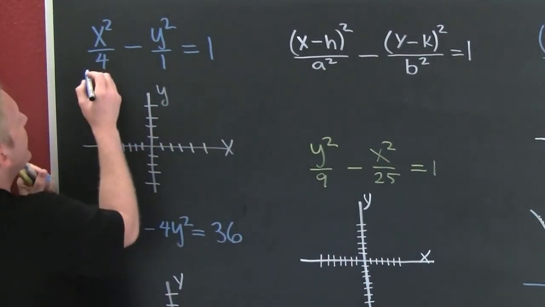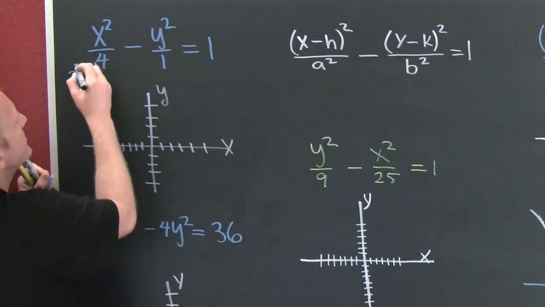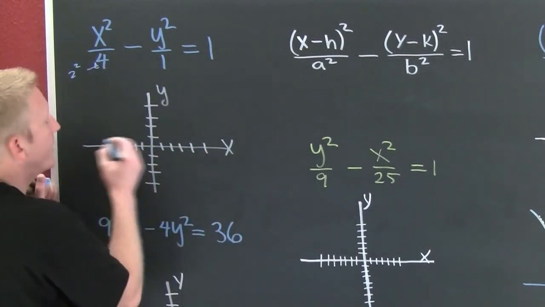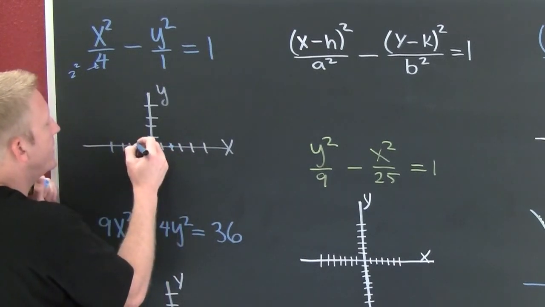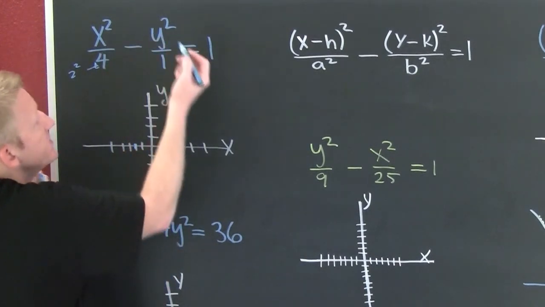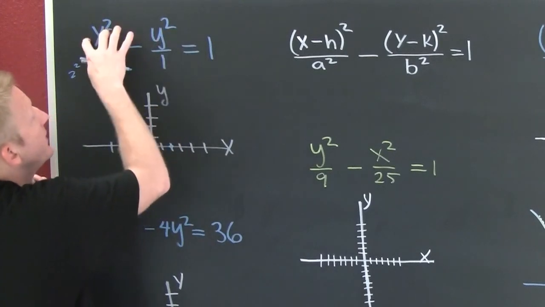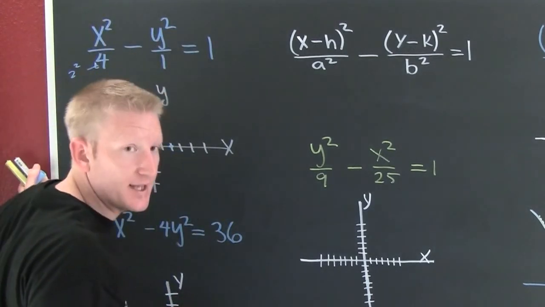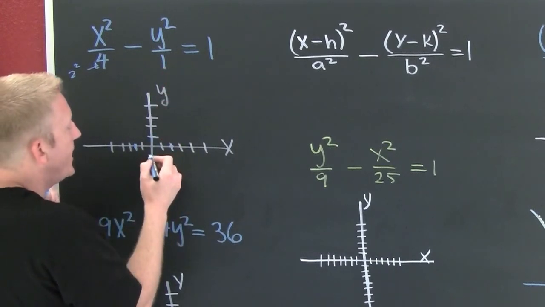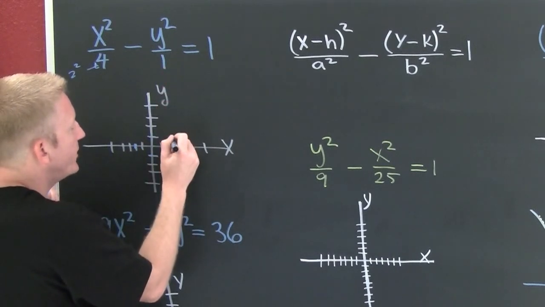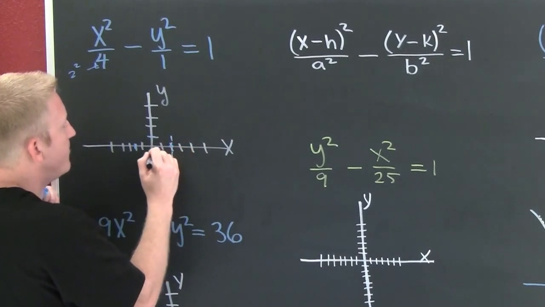Here my a is 2 squared, so I go over 1, 2 in the x, and 1, 2 in the y. I'm at the center because there are no numbers associated with x and y. Here this is 1 squared, so I go up 1 and down 1. Here we're using the box method.